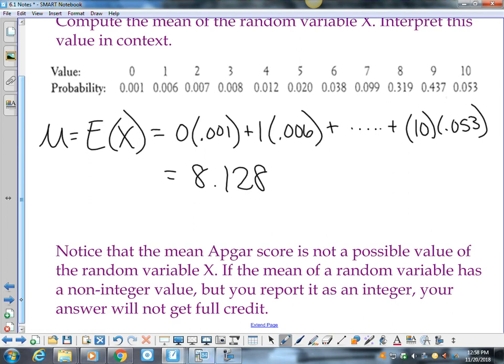Eight, comma, on average. Okay, how did we start that?